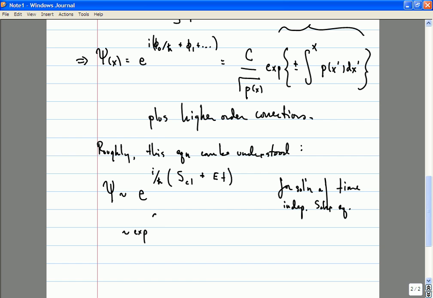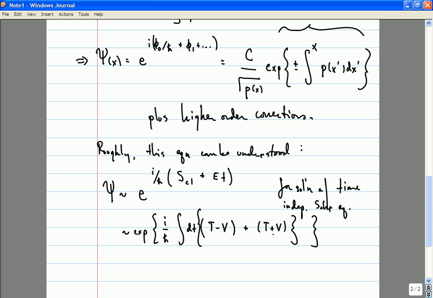So let's investigate that expression in a little bit more detail. So what is S classical? Well, it's the integral dt of the difference of the kinetic and potential energies. And what is Et? Well, another name for it is the integral dt of the sum of the kinetic and potential energies.